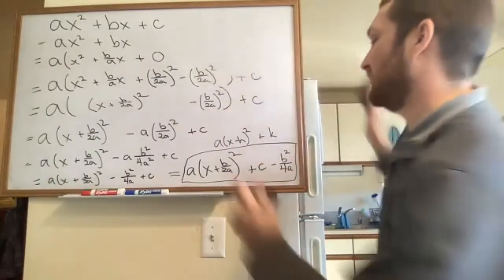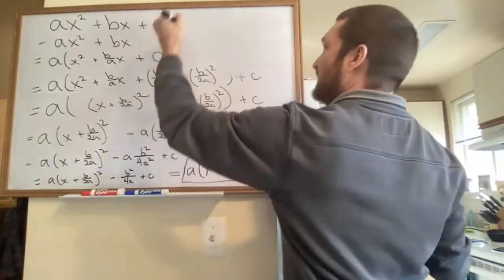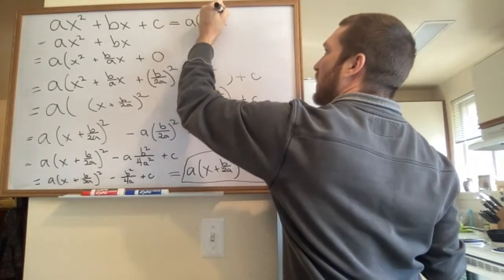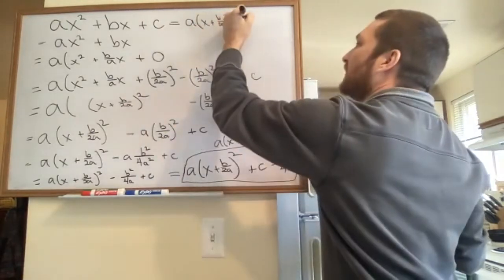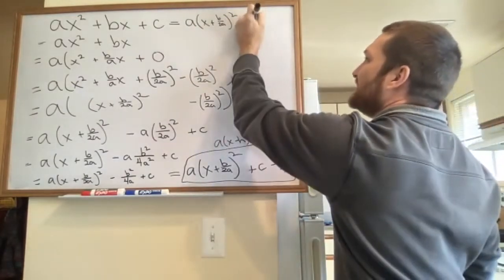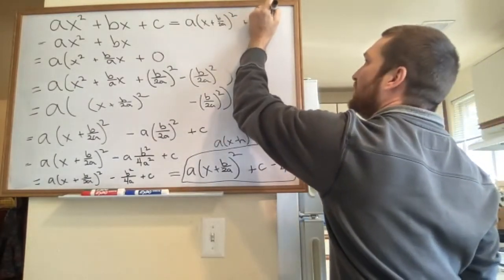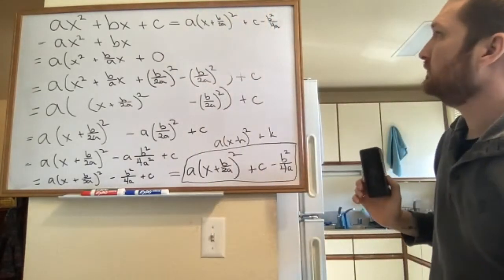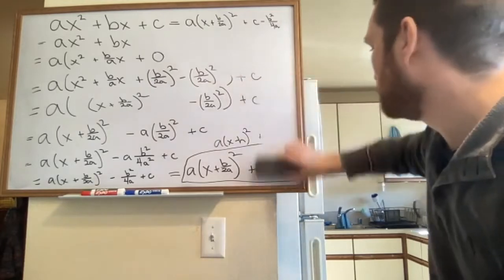In other words, I claim that this is equal to a times x plus b over 2a quantity squared, plus, you can think about all of that as one number, c minus b squared over 4a right there. Let's check it.